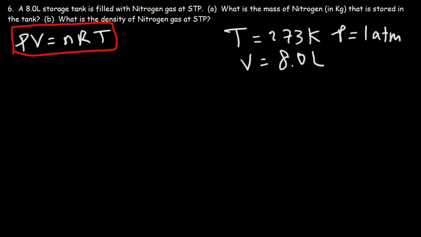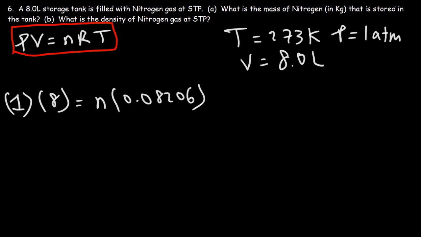Our goal is to calculate n. Once we have n, the number of moles, we can convert that into grams and then convert that into kilograms. So P is 1 atm, the volume is 8 liters, R is 0.08206, and T is 273. So let's begin by multiplying 0.08206 by 273.